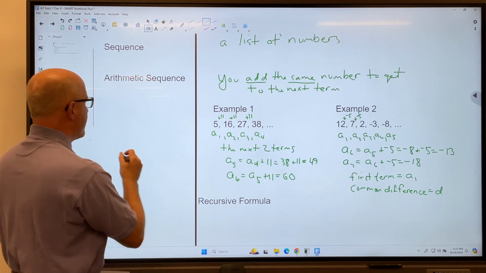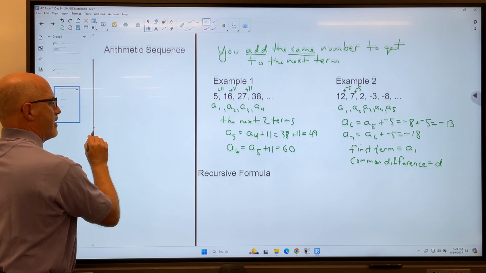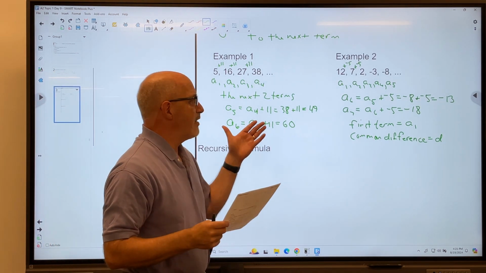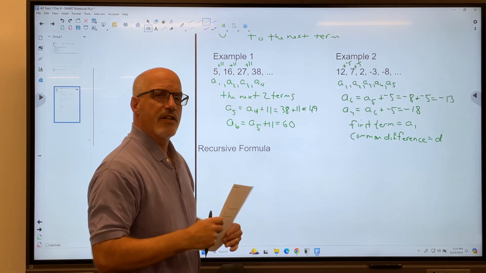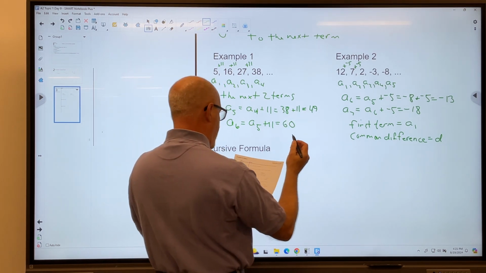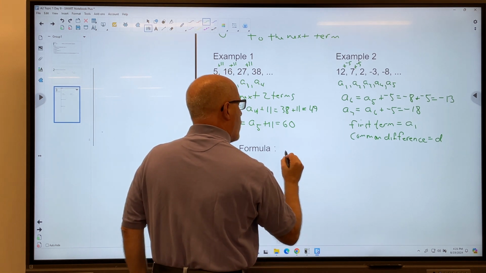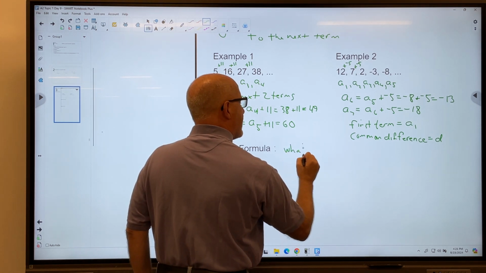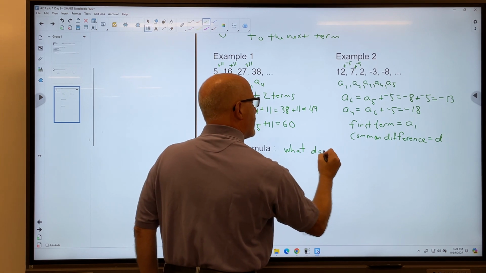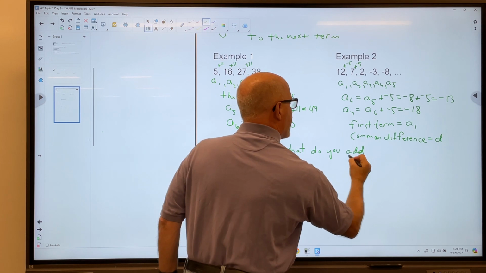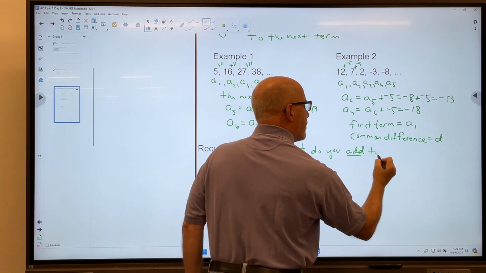So a recursive formula for this builds on the idea that if you know the first term and the common difference, you're going to be able to come up with a formula for it. So this is based on what do you add to get to the next term.